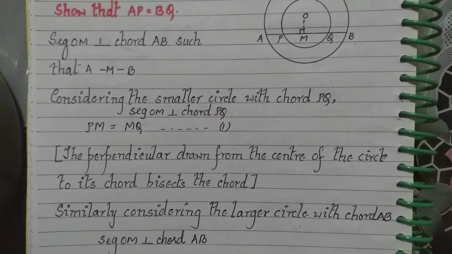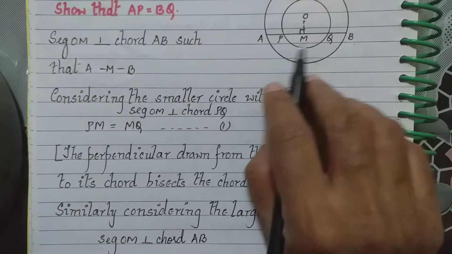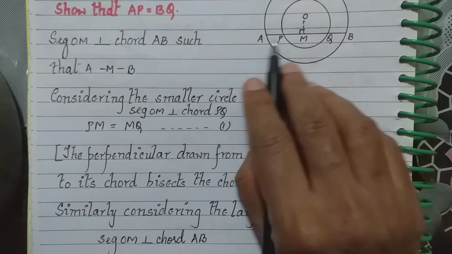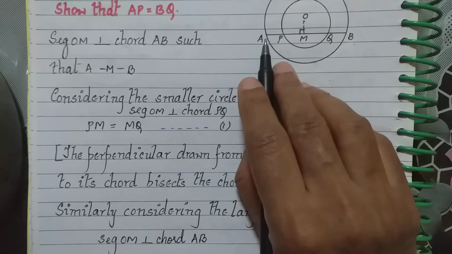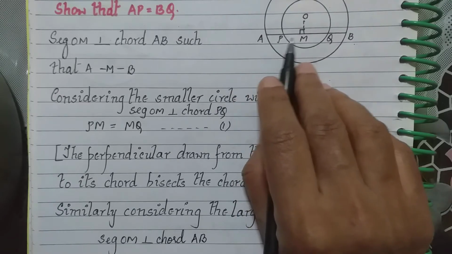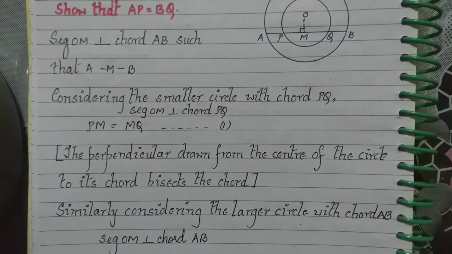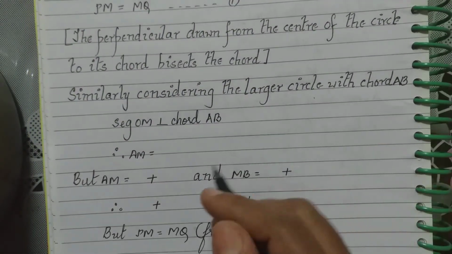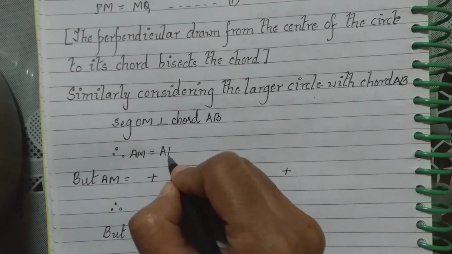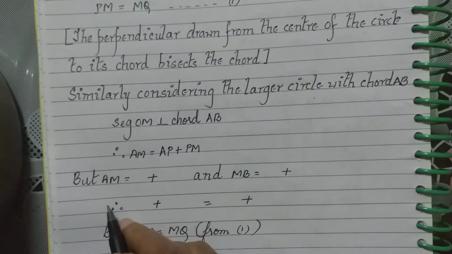Now, I look at this here. I see that AM is equal to AP plus PM. This full AM can be written as AP plus PM. So, I write here AM is equal to AP plus PM.